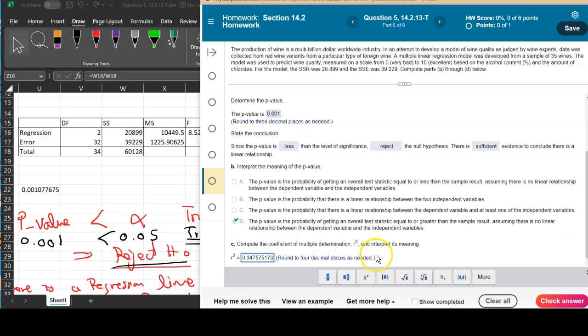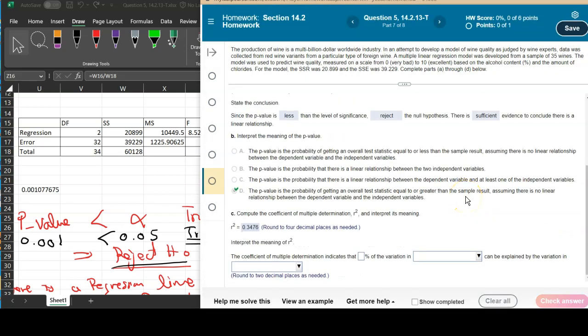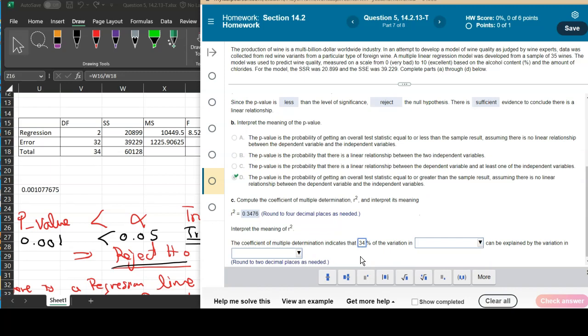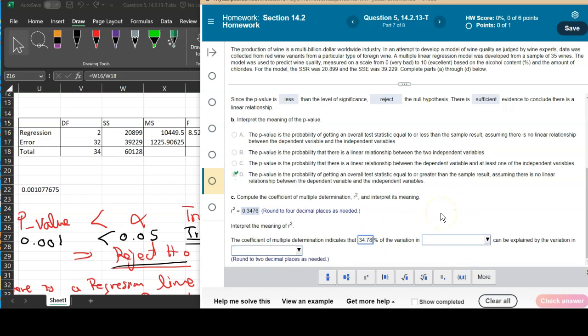You want to round to 4 decimal places. So it's going to be 0.3476. Check it, we're good. For the interpretation of this, you turn it into a percentage: that is 34.76% of the variation of the dependent variable.